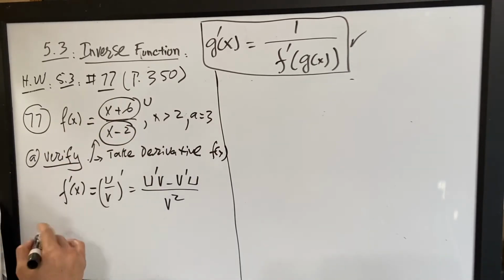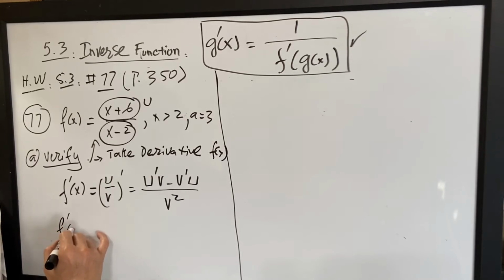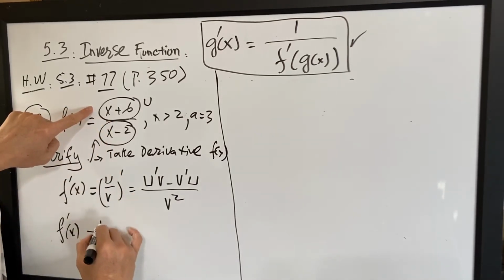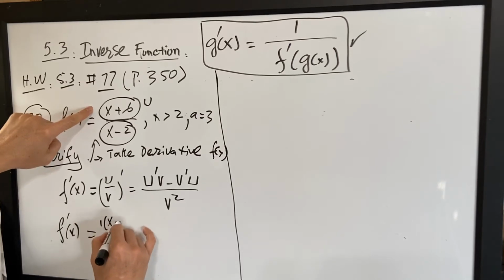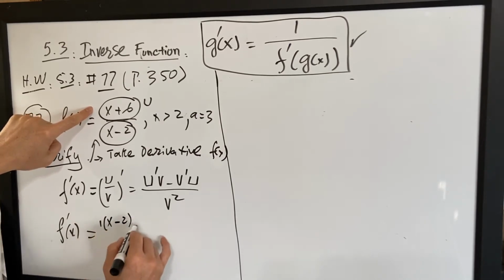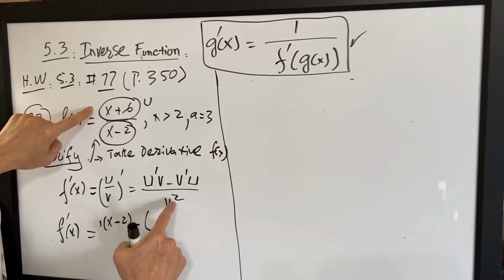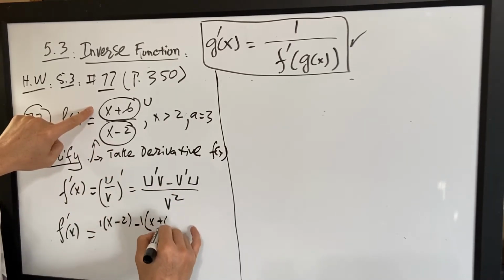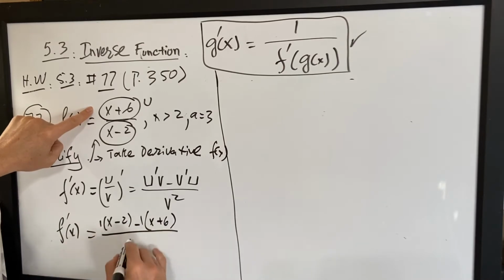Shall we plug in? f prime of x right here. u prime is 1, and your v is x minus 2. Minus, your v prime is just 1 again, and x plus 6. Over v squared, x minus 2 squared.